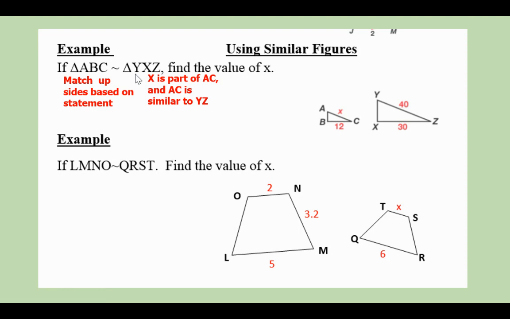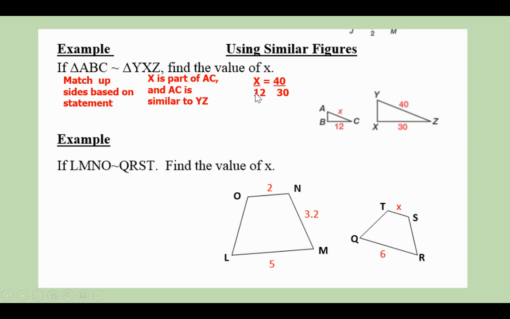It's 40. I'm going to show you a different way to set this up. This time, X on the left is partnered up with what on the right? This is one way I prefer to set this up. You can do it the other way, where it's the left triangle divided by the right. I like to keep all the values of the left image on the left, and all the values of the right image on the right. So X partners up with 40.